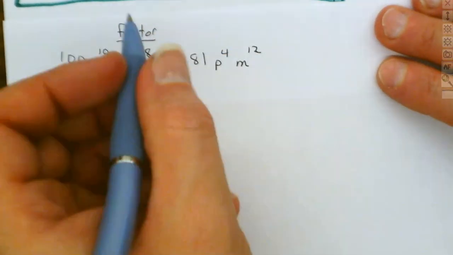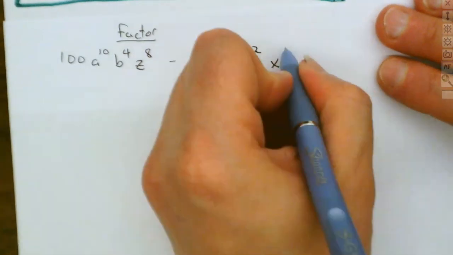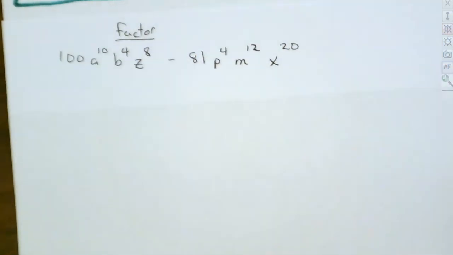Used x's, we'll use an x here. How about x to the, let's say, 20th power.